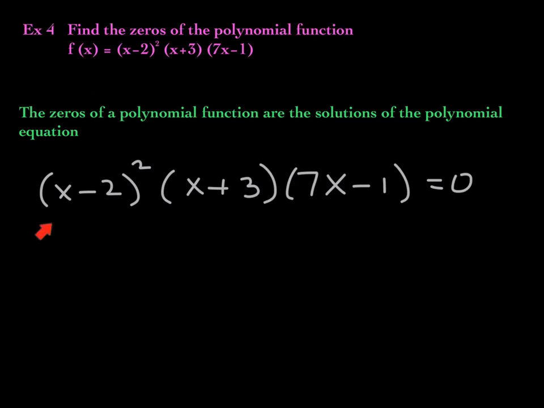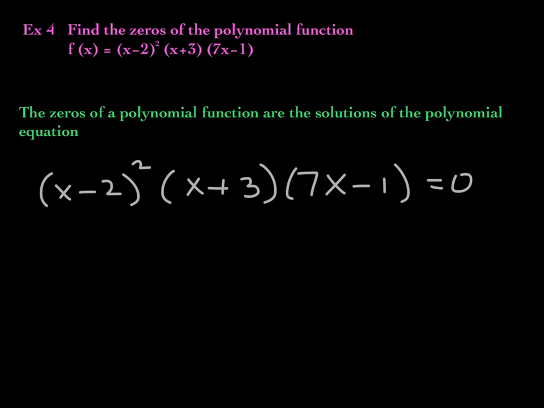So you can see, oh, we've been doing this work all along in this lesson. So when we find the solutions of a polynomial equation, we are in essence finding the zeros of the polynomial function. All right, everybody, because this is factored already, we're going to set each factor equal to 0 and solve.